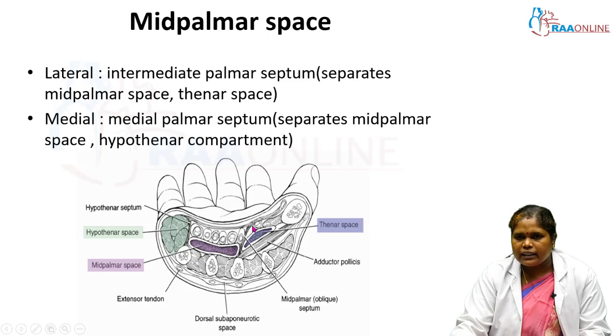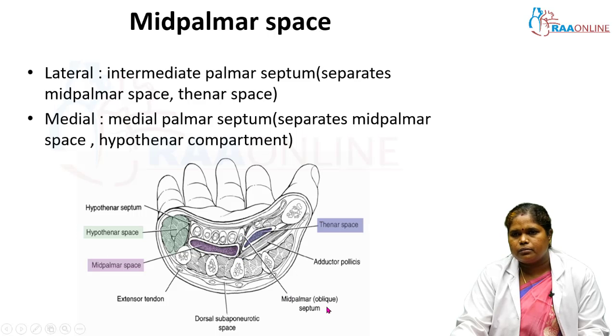Now, laterally, we can see this septum. We already discussed this septum. This is the oblique septum or mid-palmar septum. This septum will be on the lateral aspect of the mid-palmar space. This oblique septum, or mid-palmar septum, is going to separate the mid-palmar space from the thenar space.